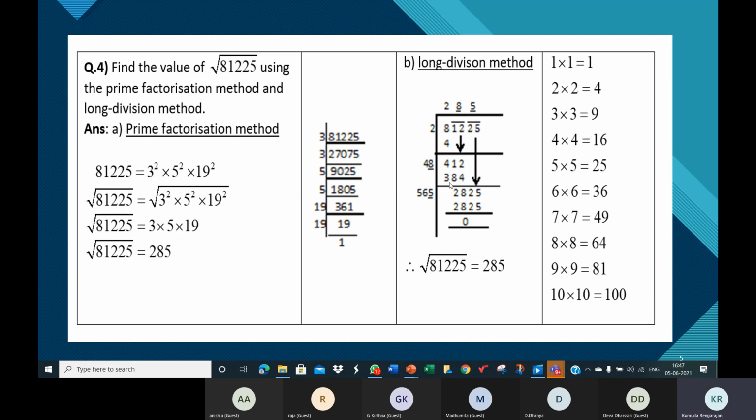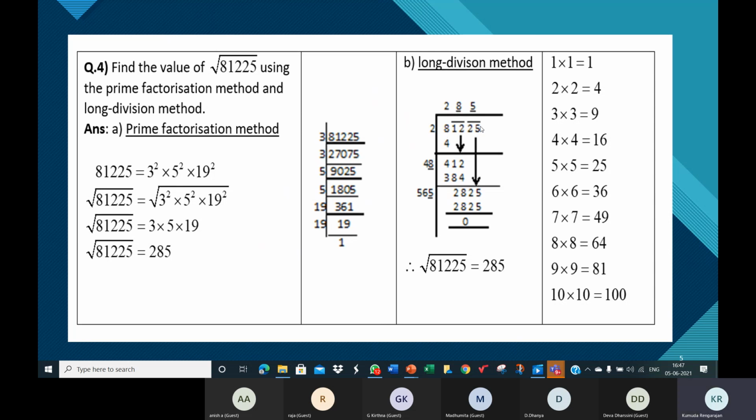So for the prime factorization method, you can see the working here and the steps here. Now we're trying to understand how to find the square root of the same number using the long division method.